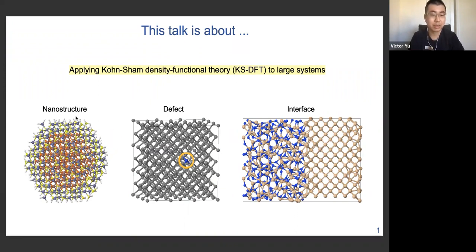If you want to simulate, for example, nanostructures, solids with a defect, or some interfaces between materials, you would have to create a large model which consists of hundreds of atoms or even thousands of atoms. Simulating such large systems at the DFT level is not a trivial task, as Volker already discussed.